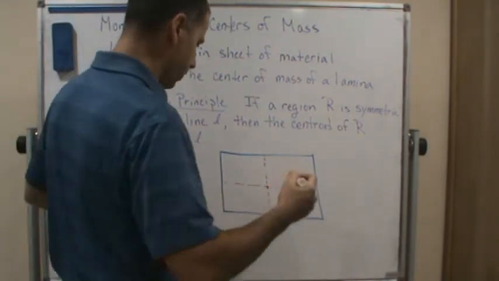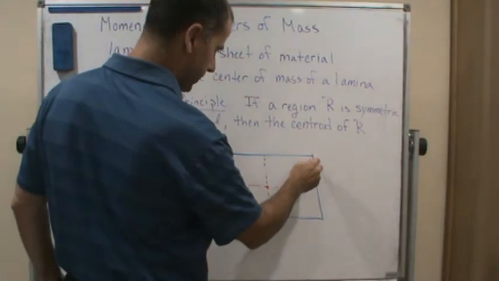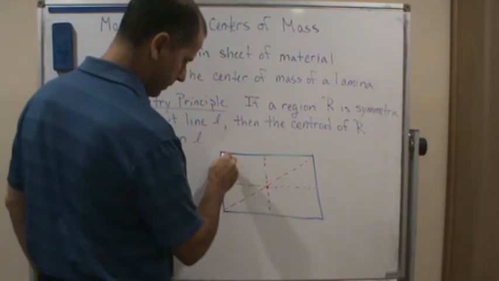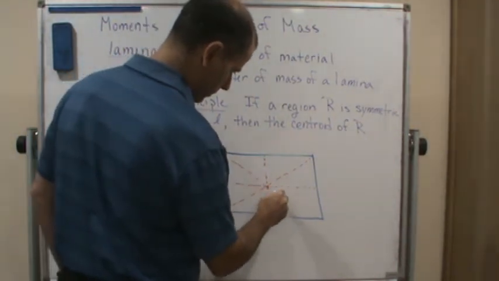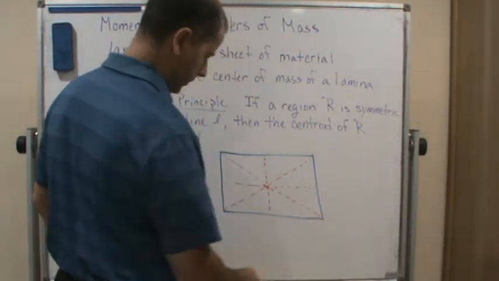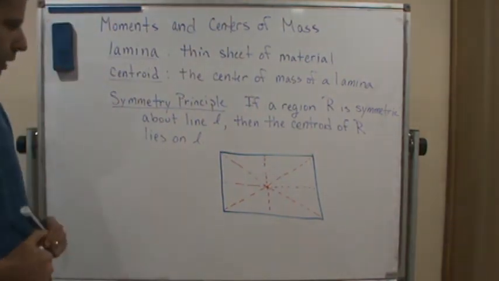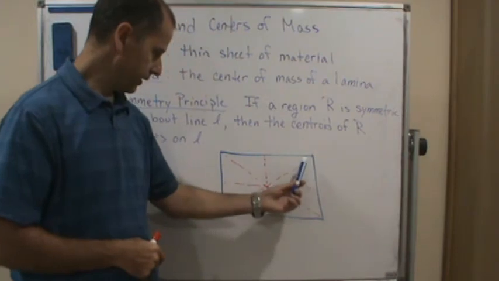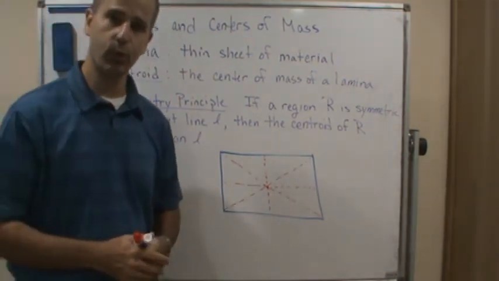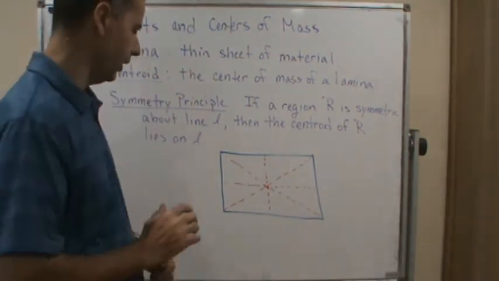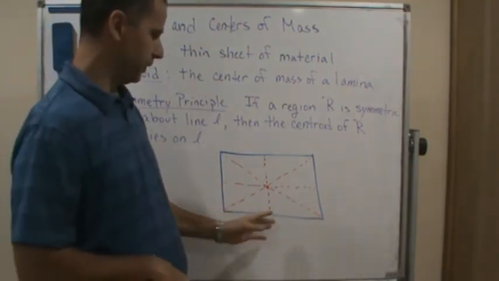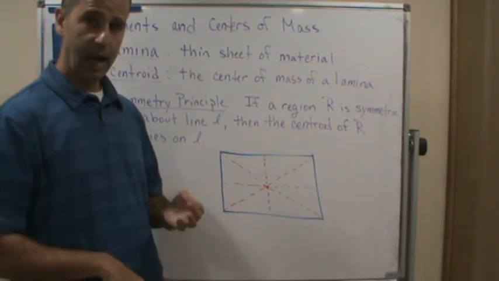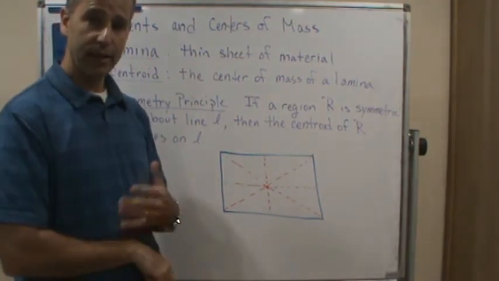Or if you want, you could also show that it has to be on the diagonals, because the diagonals of a rectangle are also lines of symmetry. So this is a very easy example to see how the centroid lies on the lines of symmetry.